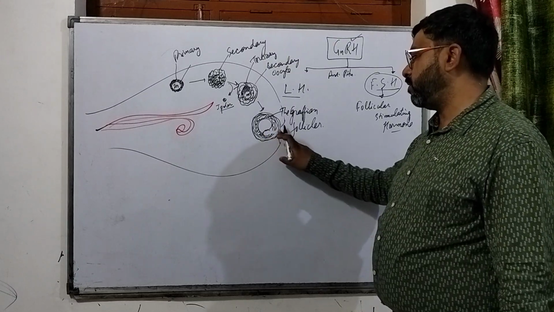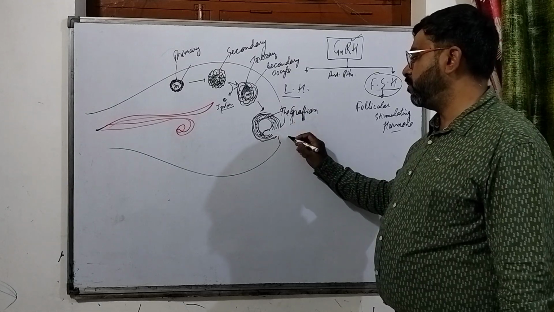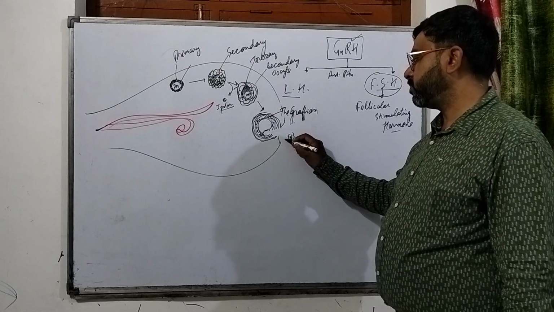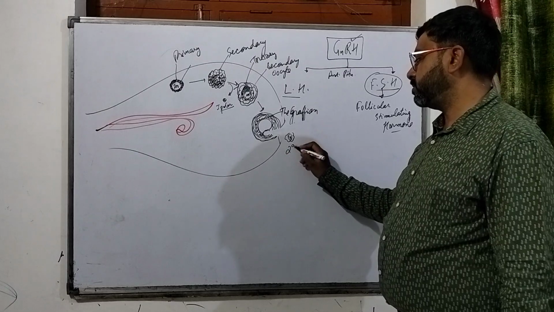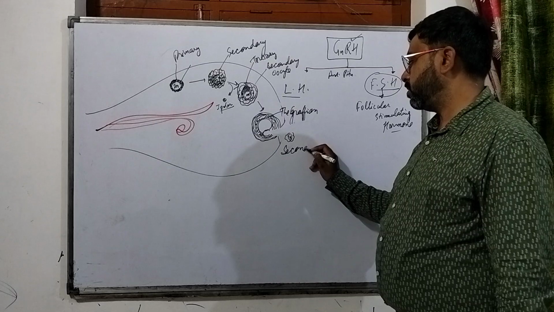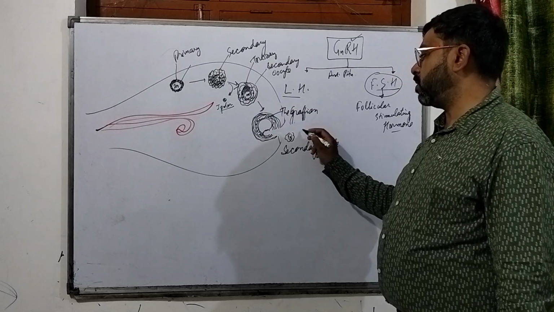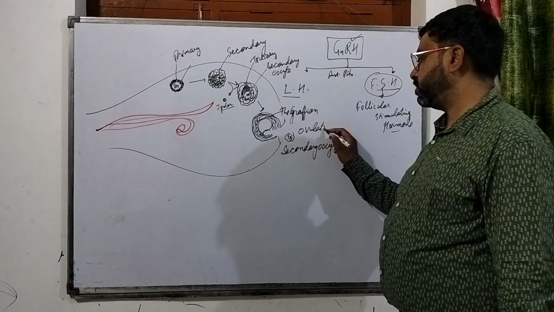by rupturing of this Graafian follicle there will be release of the ovum, like this. This is the secondary oocyte, and the process is called ovulation.